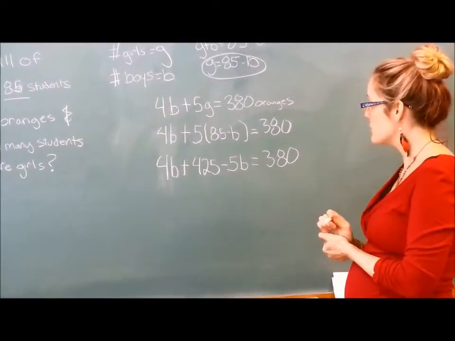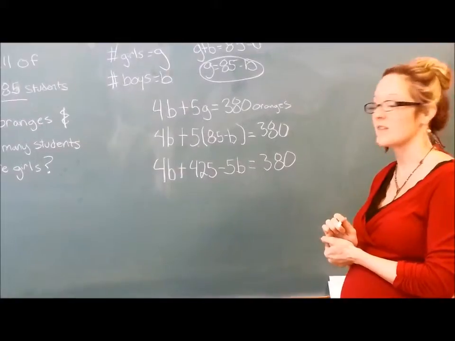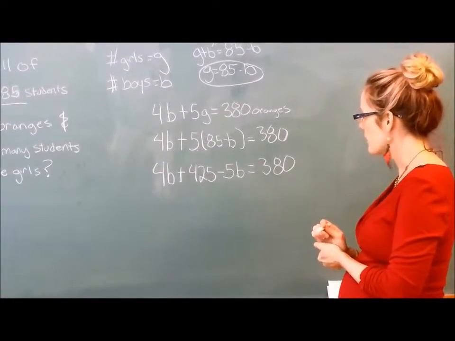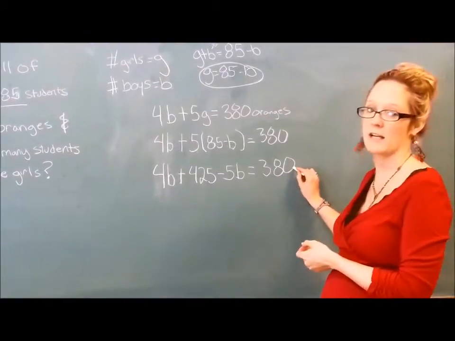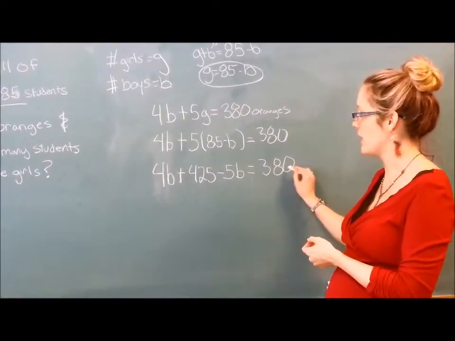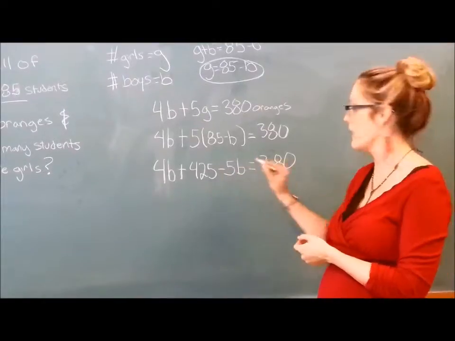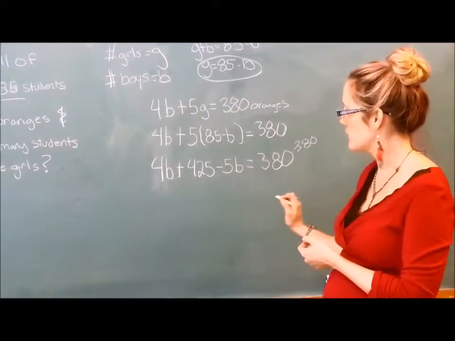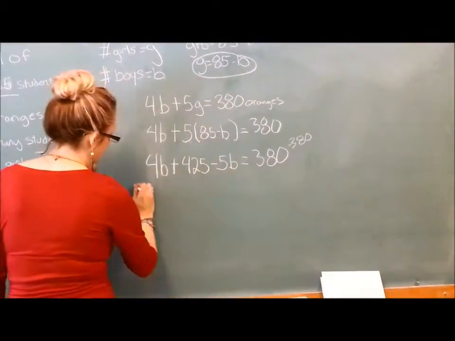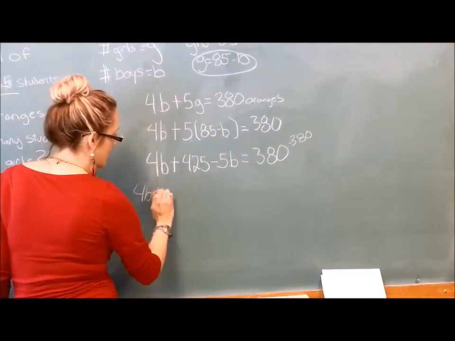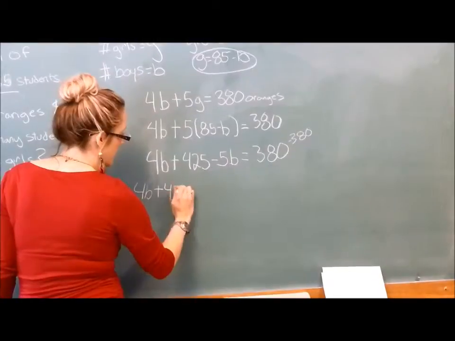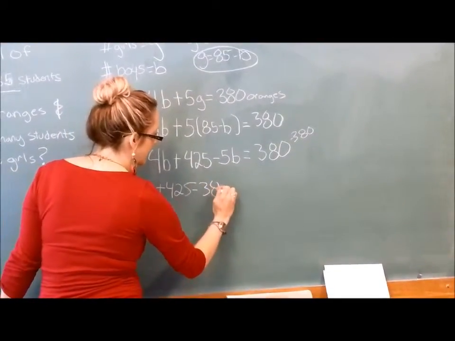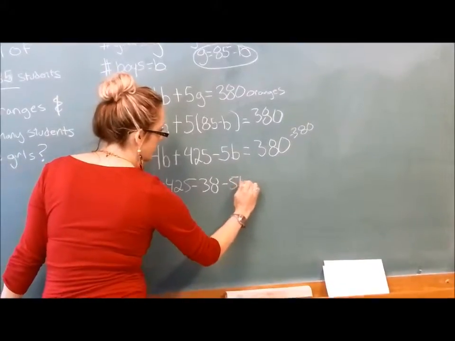Now we just need to solve. Since we have 380 here, let's get the 380 over here. So let's subtract 380 from both sides. That's going to give us 4B plus 425 minus 380 minus 5B.